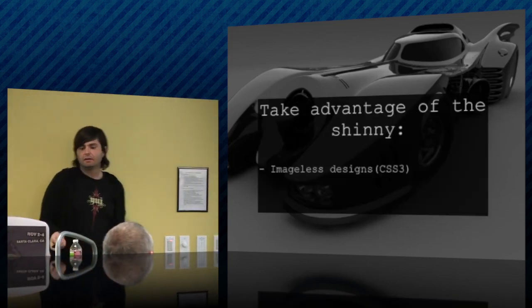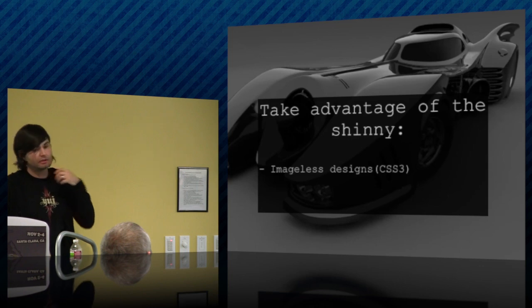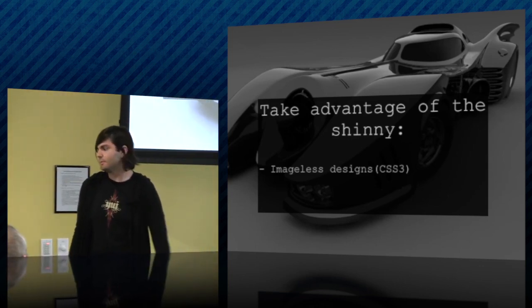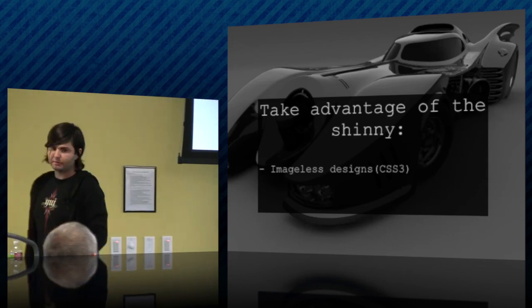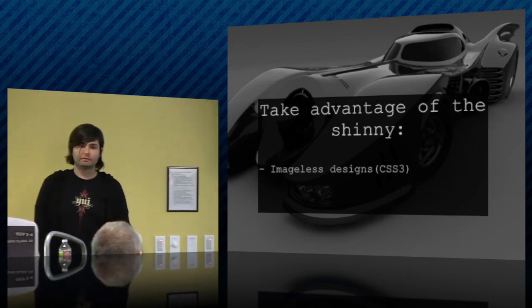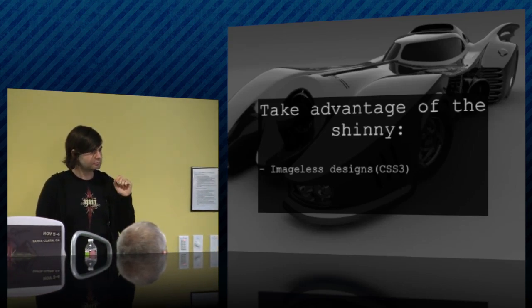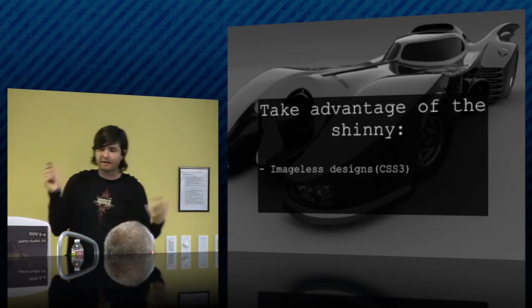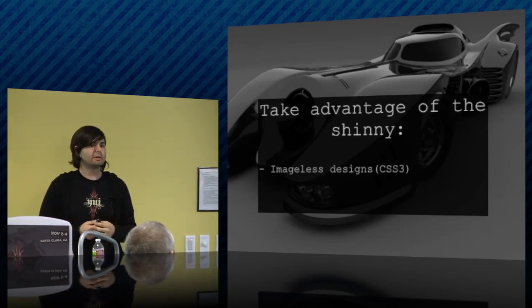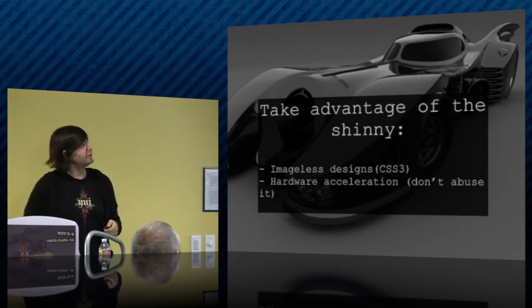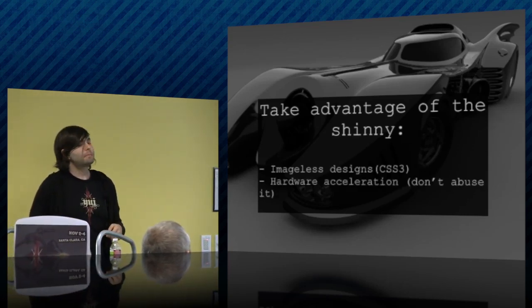And last, take advantage of all the shiny stuff, right? So use CSS3 as much as you can and don't use images. Text shadows, box shadows, but again, watch out for those because those are also memory hungry. So if your design has a lot of shadows of any kind, rethink it, and you probably don't need all of them because they're very memory hungry.